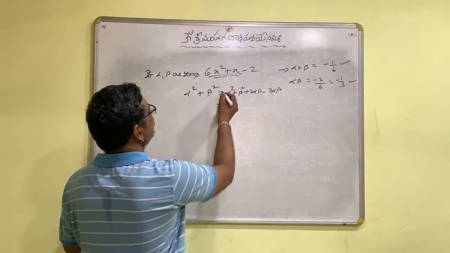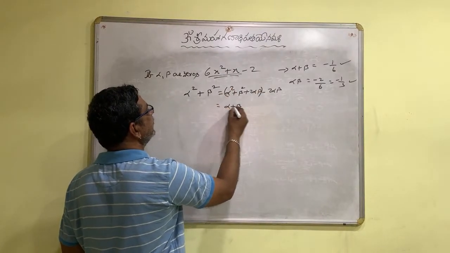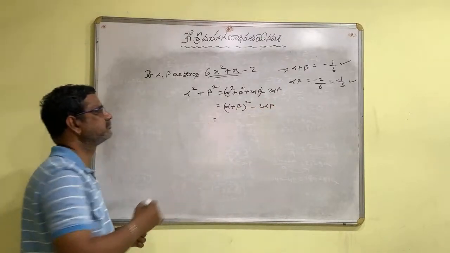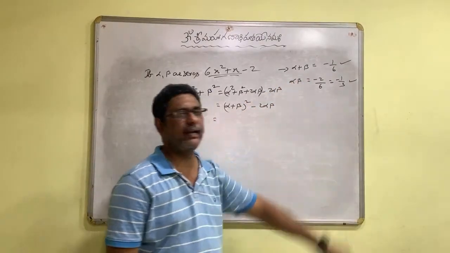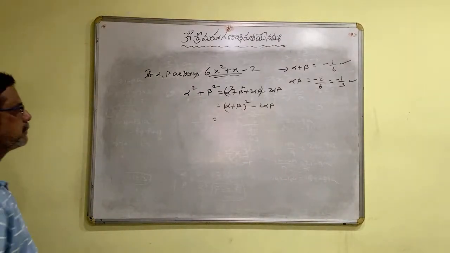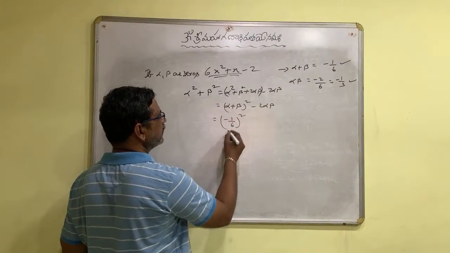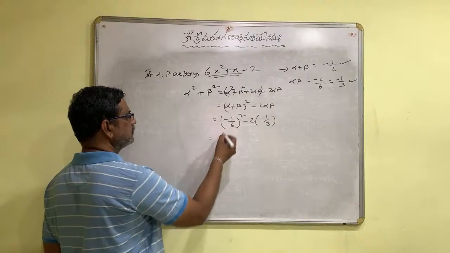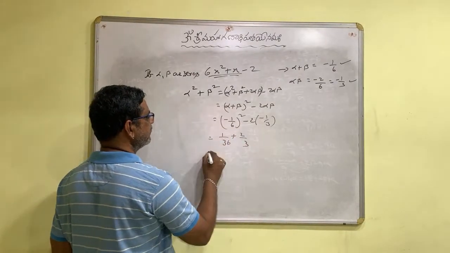Because I can take this as alpha plus beta whole square minus 2 alpha beta, so that I know the alpha plus beta value and alpha beta value. Substitute negative 1 by 6 whole square minus 2 into negative 1 by 3. This becomes 1 by 36 plus 2 by 3.